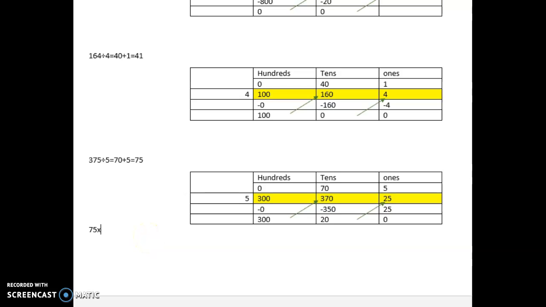I'm going to multiply it by 5. And then I should get 375. That's how I'm going to multiply to check the division. Okay. If you end up getting a remainder on the book work, I'd suggest that you do this because you may have made mistakes somewhere in there. All right, I hope this helps you get your work done.